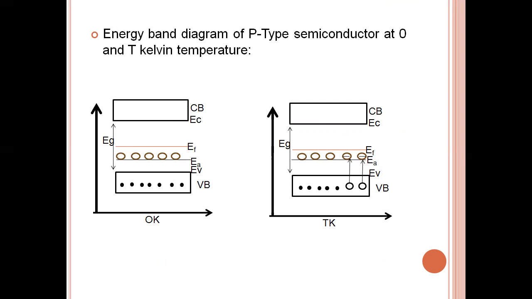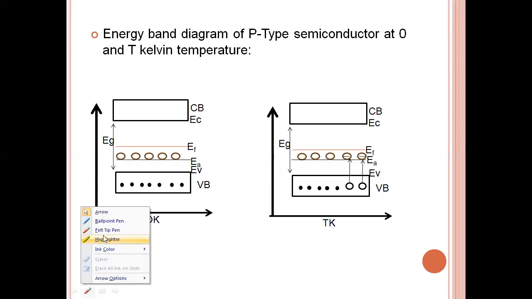But as you increase the temperature, what happens? The electrons from the valence band will be excited to the acceptor level, making those acceptor atoms negatively ionized. After accepting that electron, the acceptor atom becomes negatively ionized and holes are left over in the valence band.